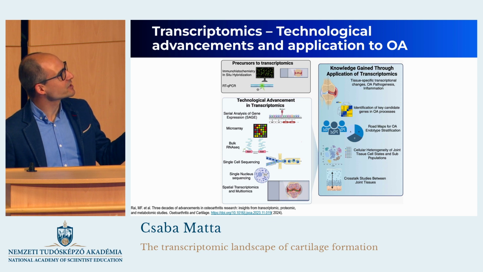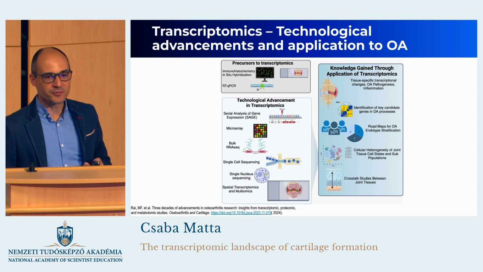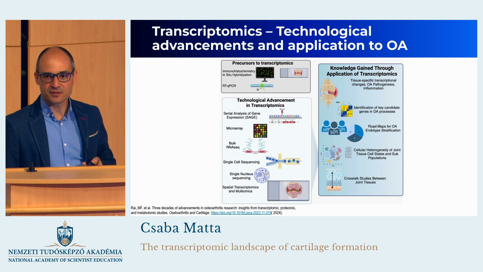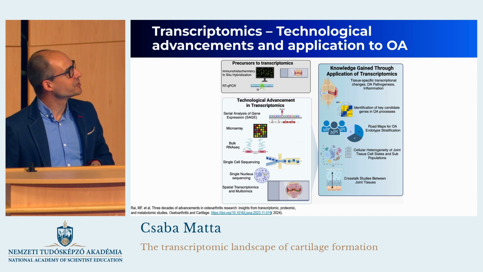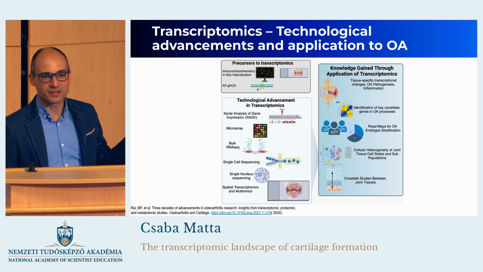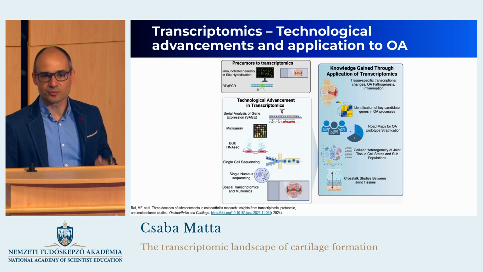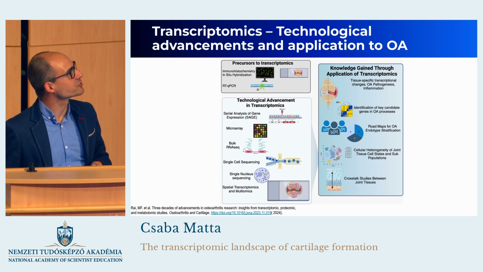So now it is possible to gather information from a single cell, which is cool, I think. Or you can go into organelle level, and you can look at the mRNA expression patterns in a single nucleus. Or you can do spatial transcriptomics and multi-omics as well. So if you take a slide, for example, a joint in this case, you can look at mRNA expression or even protein expression, spatial expression patterns, so whether it's in cartilage or bone or synovium or other tissues.